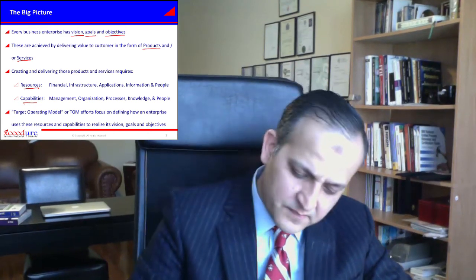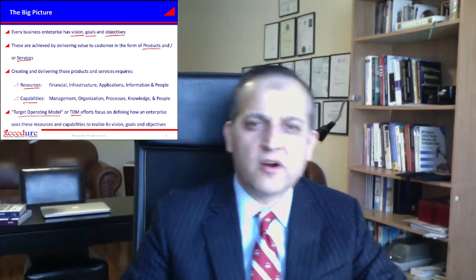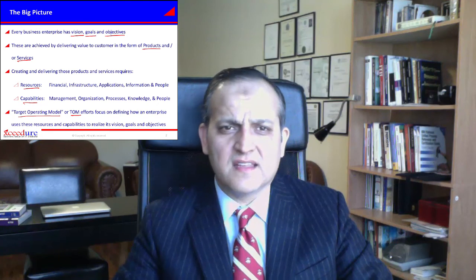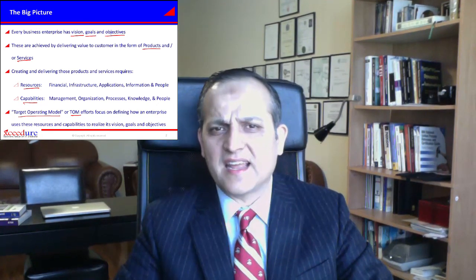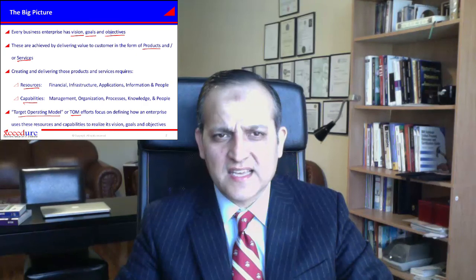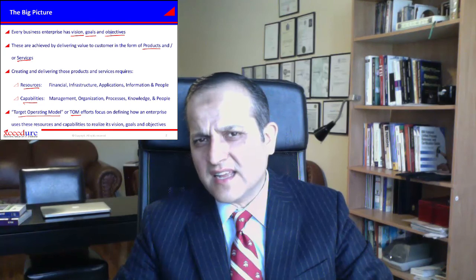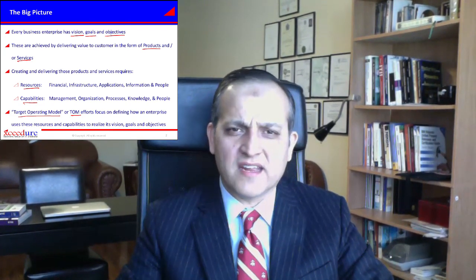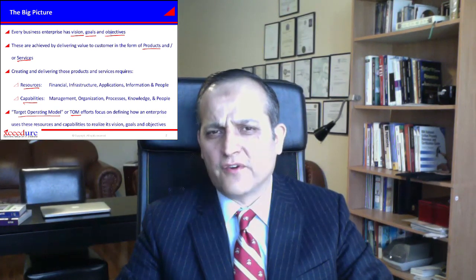Operating models, or commonly known as target operating models, enable business enterprises to define what specific resources and capabilities the business enterprise will need and how it will need to operate in future with these resources and capabilities, such that each business enterprise is able to realize its defined vision, goals, and objectives through creation and delivery of unique products and or services in manners that generate expected value for its customers.